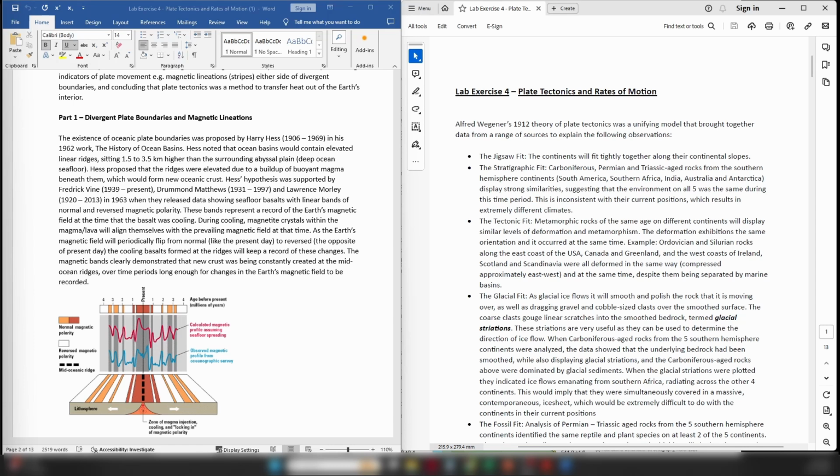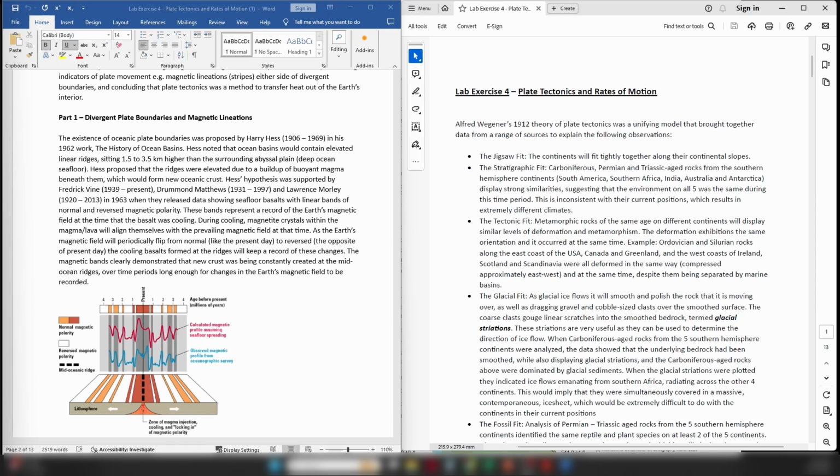So when the basalt is crystallizing in a normal magnetic field, the magnetite crystals will orientate themselves based on that normal magnetic polarity. And when the magnetic field is reversed, the reverse will happen. And obviously, once the basalt fully crystallizes and solidifies and becomes one solid piece of rock, these magnetite crystals can't move anymore. They're locked in that orientation.